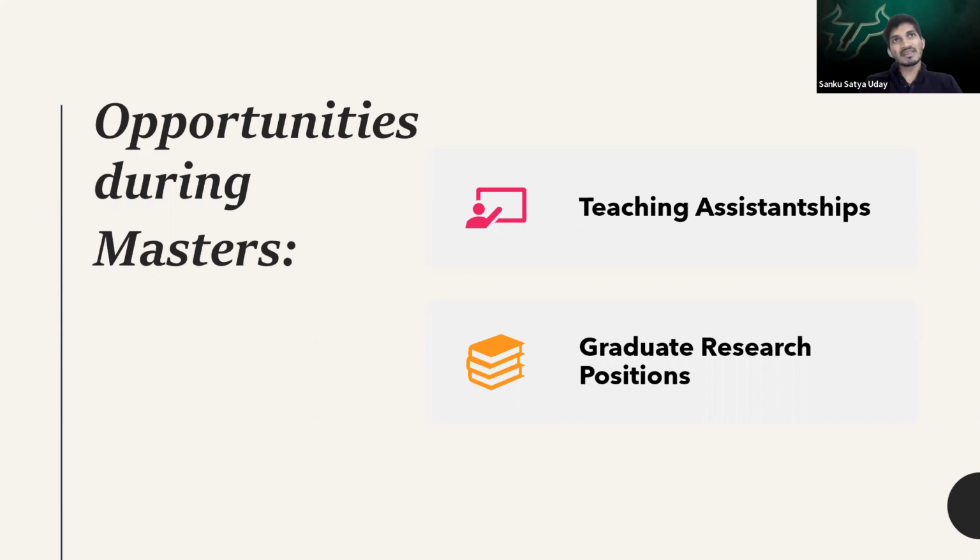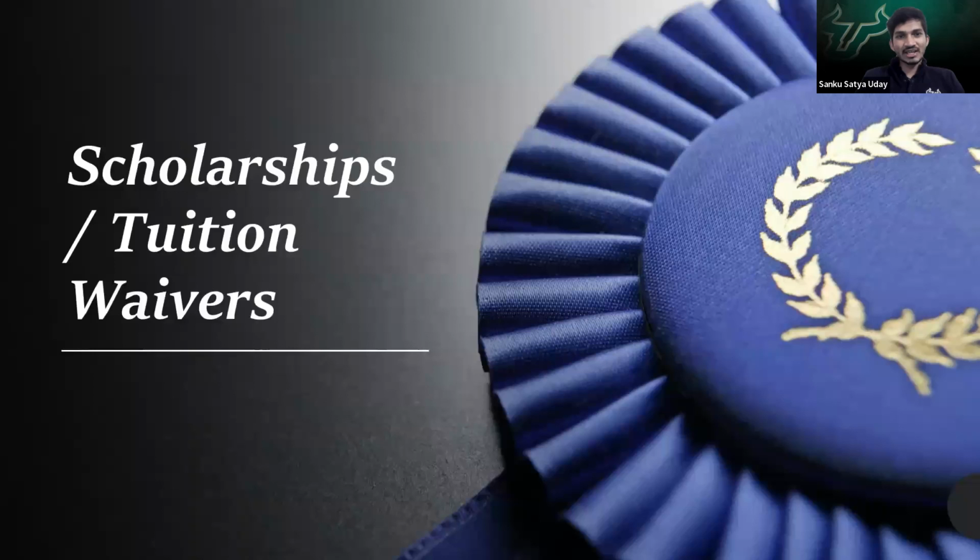For example, I am getting around $15 an hour, and I work 20 hours in total in the entire week. Those are about scholarships and tuition waivers.